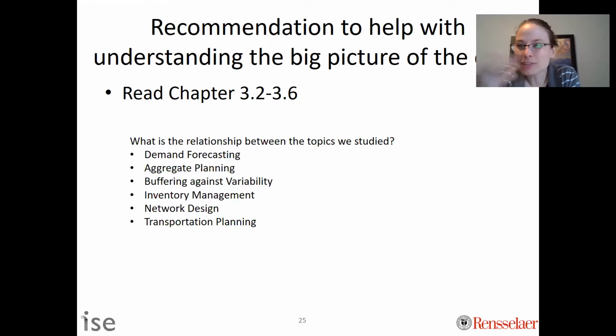Most of the time in the past, students have done really well on this part of the exam. But if you're a little bit rusty or a little bit nervous about this, in the textbook, chapter 3 is actually pretty good for this, as well as just thinking about all the things I just said. There is a relationship between all of these topics, and getting a mind map in your head of what this relationship is would really help.